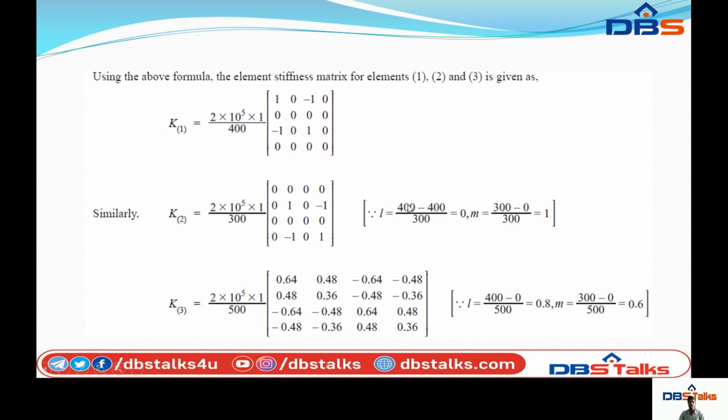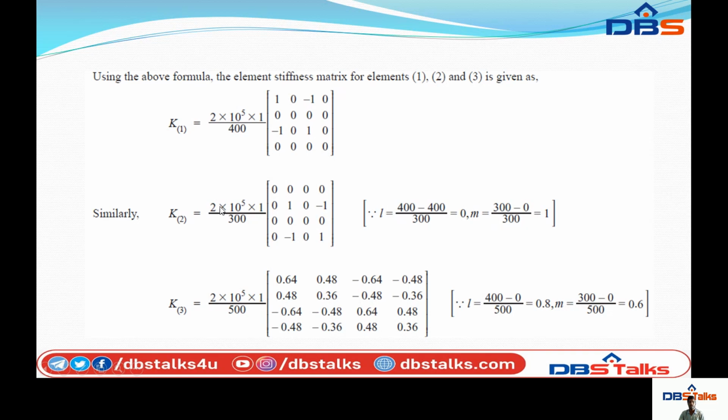For L equal to x3 minus x2 divided by L2, and M equal to y3 minus y2 divided by L2, the length for element 2 is 300. So L is 0 and M is 1.